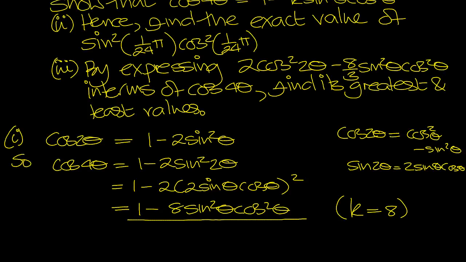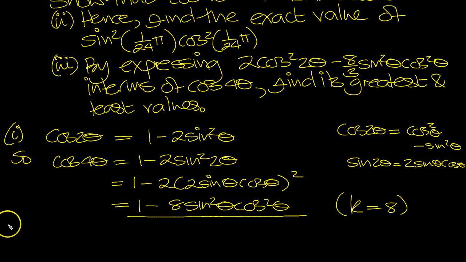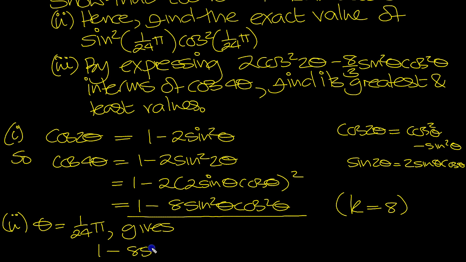Okay, so part 2, theta equals 1 over 24 pi gives 1 minus 8 sine squared 1 over 24 pi cos squared 1 over 24 pi is equal to cos 4 of these. 4 over 24 is pi over 6.